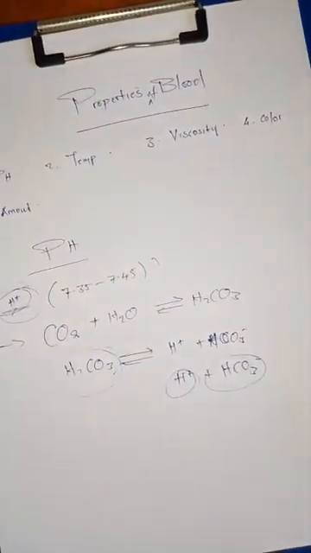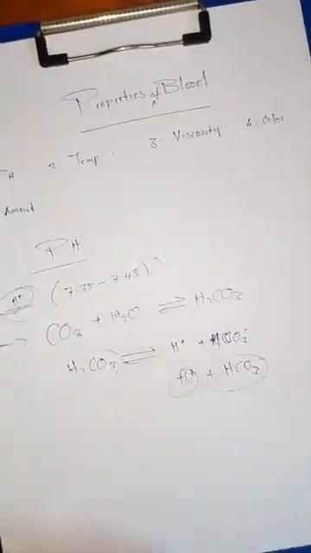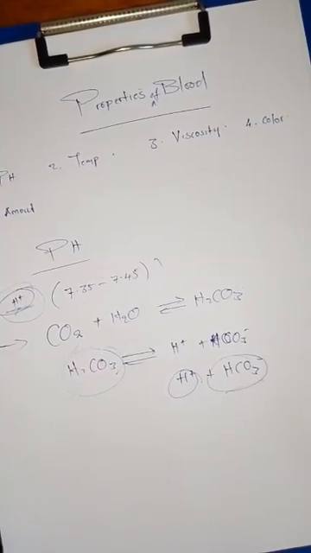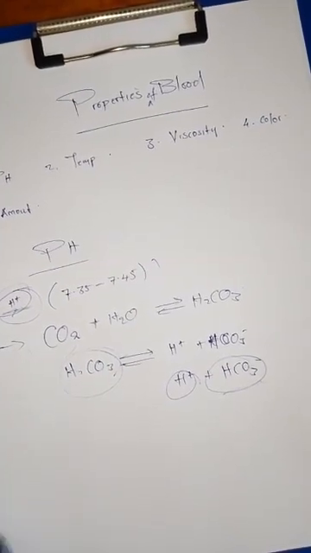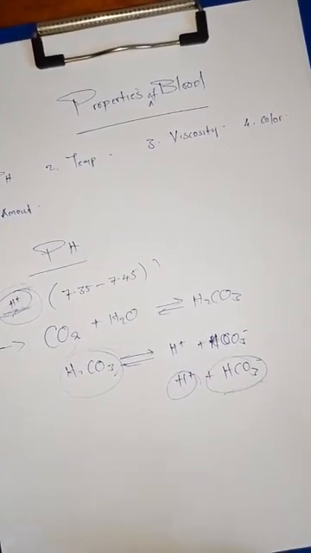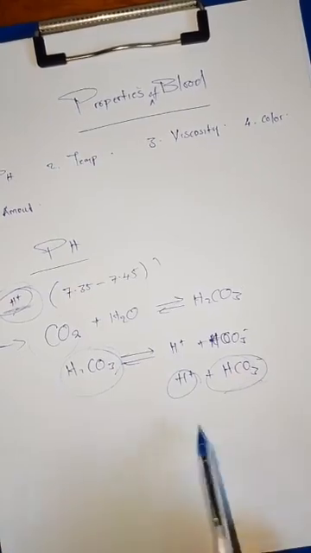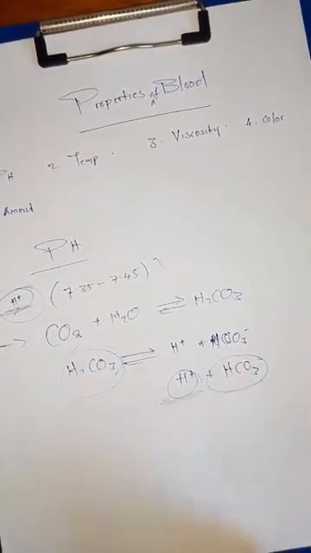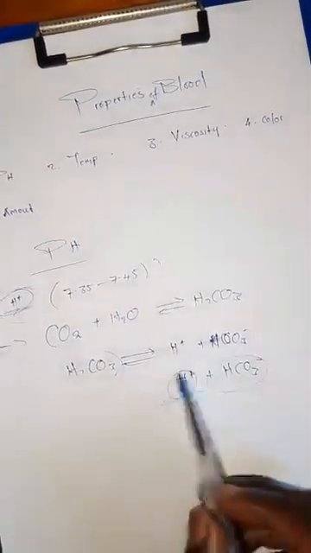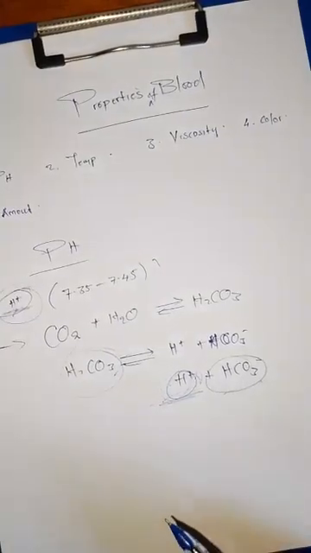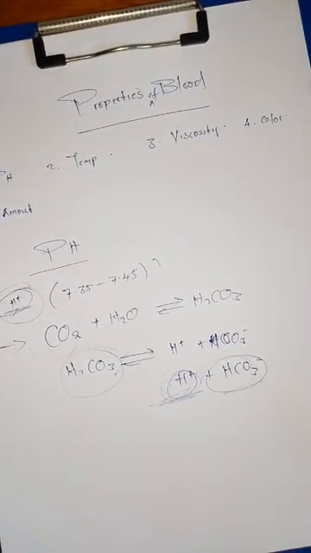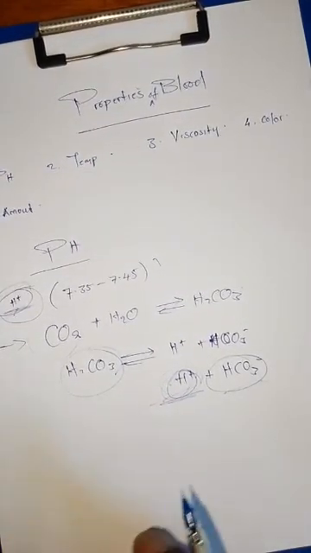This carbonic acid can dissociate to form hydrogen ions and bicarbonate, and this bicarbonate will be acting as the buffer system of the body, trying to maintain the pH of the blood. So we are going to find that these hydrogen ions are going to be more. So the concentration of hydrogen ion is going to be higher in the venous blood compared to the arterial blood.